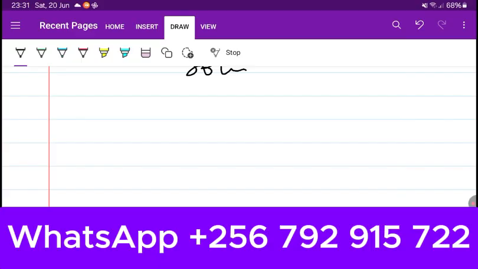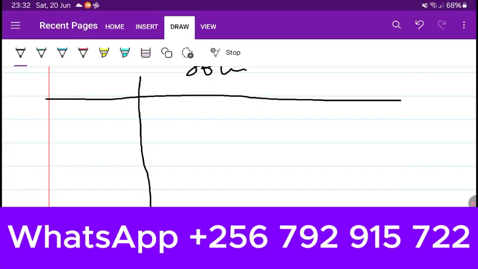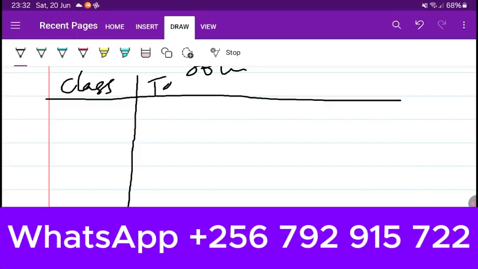So the first thing that we need to get are the classes. Of course, we have the classes here. We have the tally. We said we make the tally a little bit bigger, then we put the frequency.